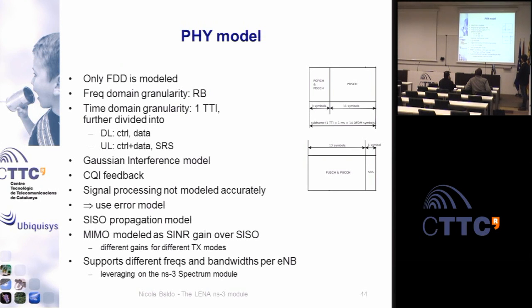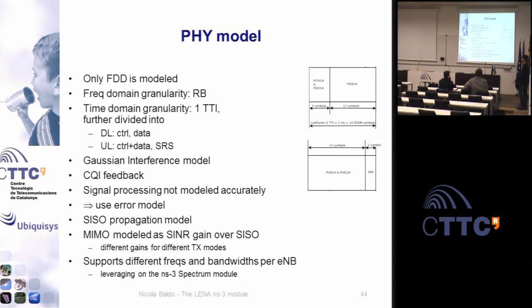Besides, even if you had these separate complex gains for different antenna pairs, you would still have needed to make some assumption, for example, on the correlation of antennas in order to have fading traces. So in our opinion, it was like having a very complex model but not really being able to get something more realistic out of it. So that's why we chose just to have the gain.